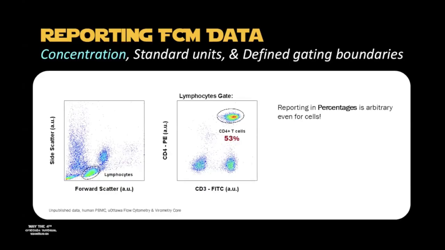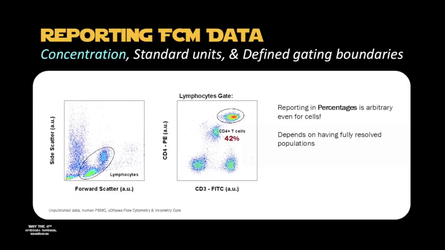Now, if you were to change this lymphocyte gate to include this population, you will have extra events that come through in the subsequent gate and therefore change your CD4 positive T cell percentage. So gating in percentages can be inconsistent depending on how gates are being placed.